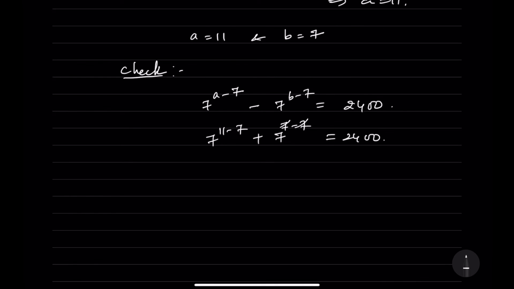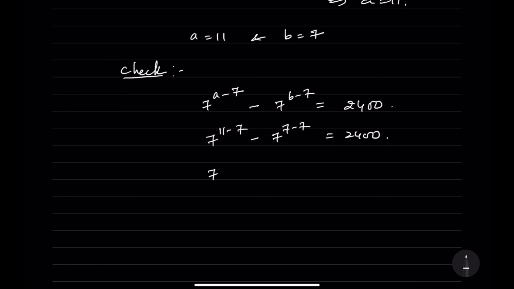So here you know that this 7 will get cancelled. So therefore 7 to the power of 4 plus 7 to the power of 11 minus 7 to the power of 7 minus 7 is equal to 2400.